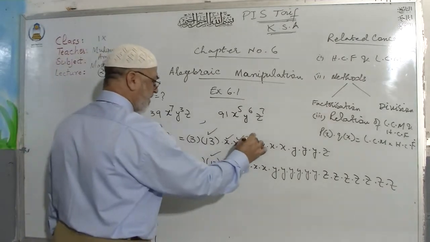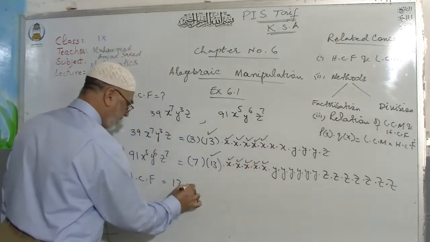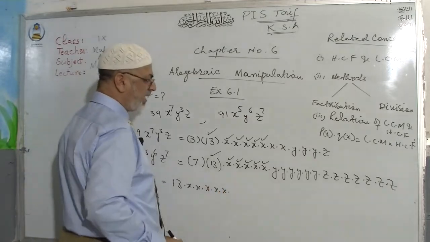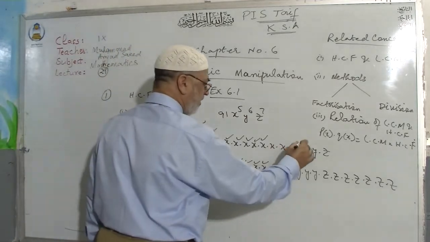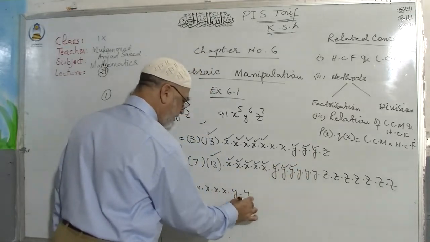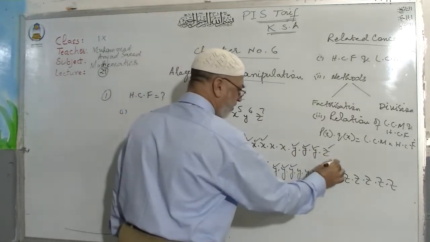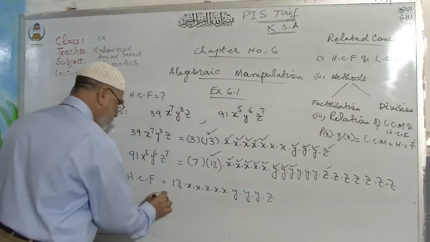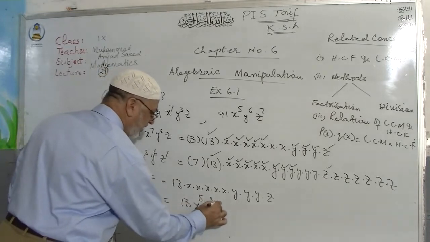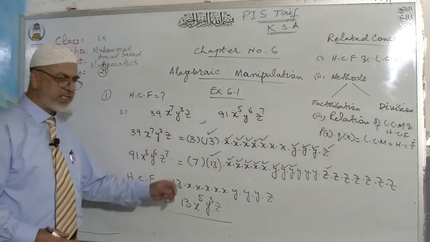Then x is coming 5 times, so you can have x^5. Then y is coming in both, common is 3 times, y is coming 3 times. Then z 1 time only. So you can have 13 x^5 y cube, the highest common factor.